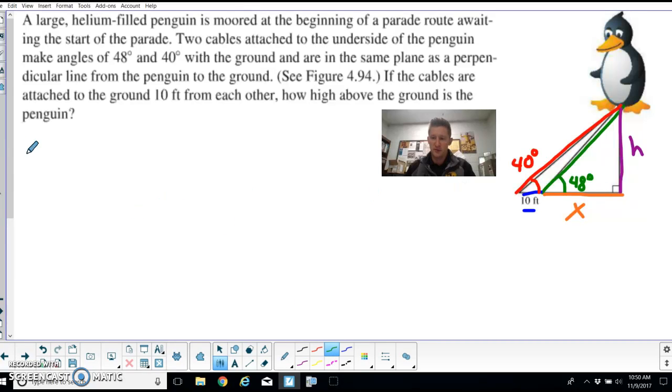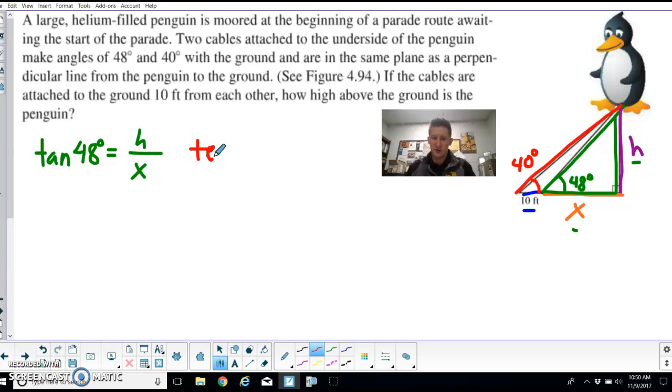So here's what I'm going to do. I'm going to set up one equation that says that the tangent of 48 degrees is equal to h, the height that I'm looking for, the opposite side, over x, that orange side. So I've got this green triangle that I've just created, okay, and tangent of 48 equals h over x. Then I'm also going to work with that 40-degree angle.